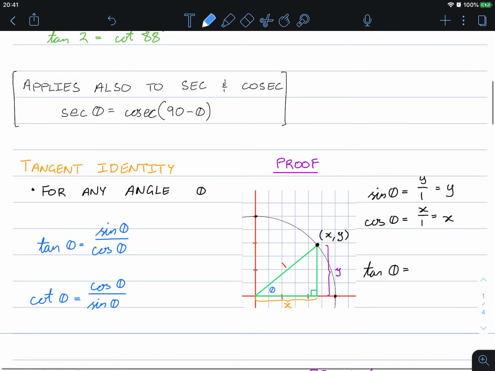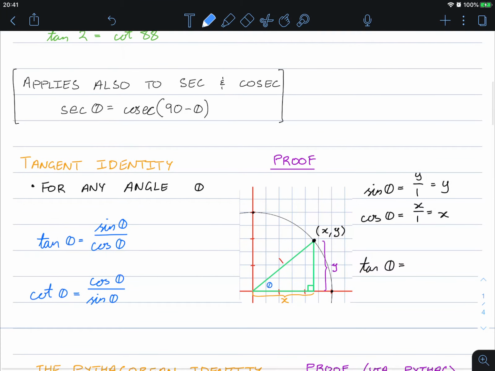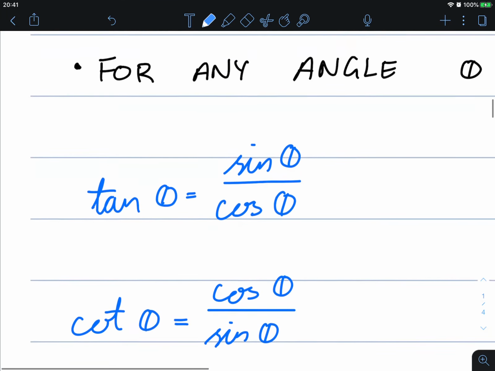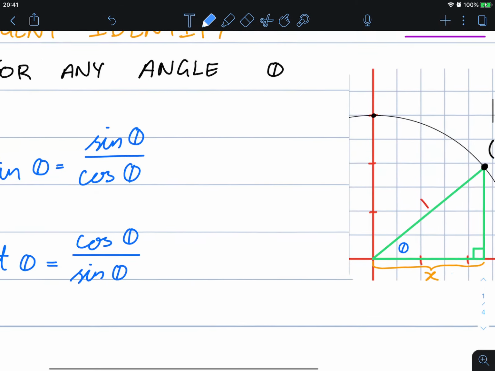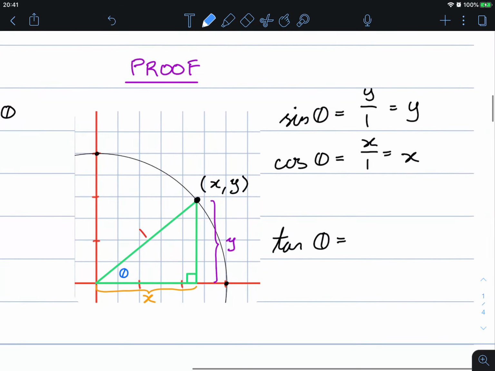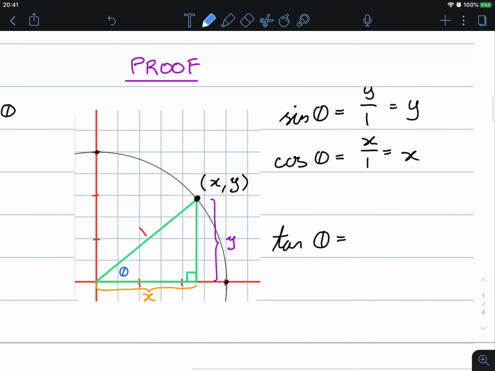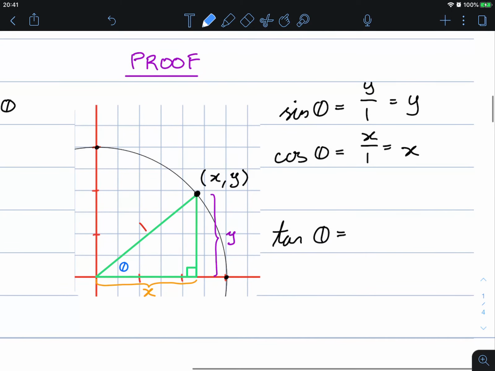The next proof that we should know is the tangent identity. It's as follows: tan of theta is equal to sine over cos, and cot theta is cos over sine. This proof we've actually already seen, but let's do it again here. We already know from the unit circle that sine relates to the opposite of our reference angle, and cosine relates to the adjacent of our reference angle.